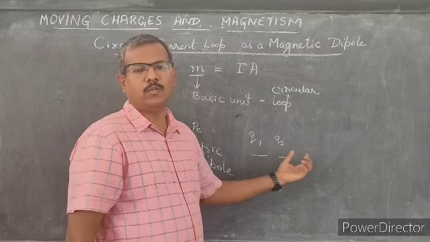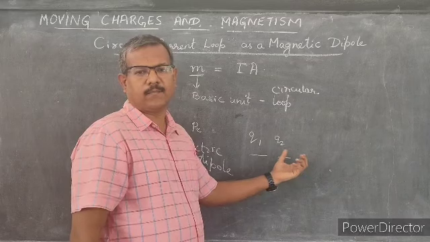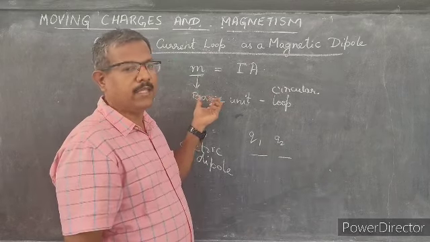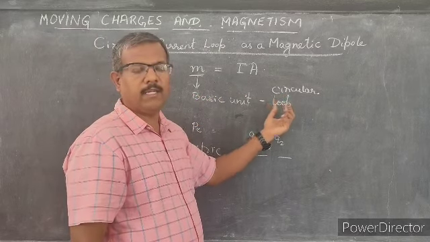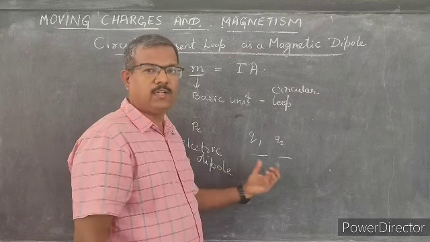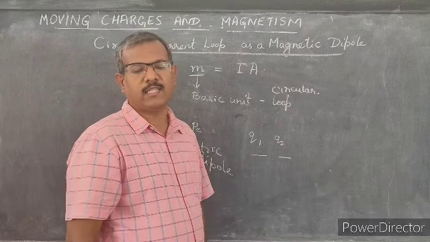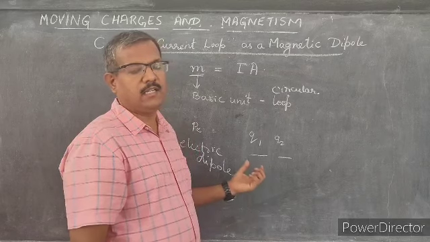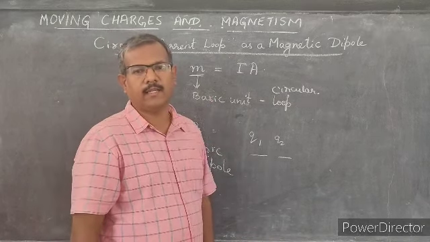There are two monolithic charges, whereas here the fundamental unit is the circular loop. There's nothing more fundamental than a circular loop, whereas in an electric dipole, it further breaks down into individual charges at some distance from each other. This is a fundamental differentiating feature between an electric dipole and a magnetic dipole.